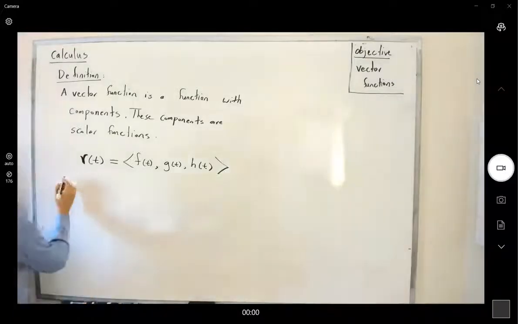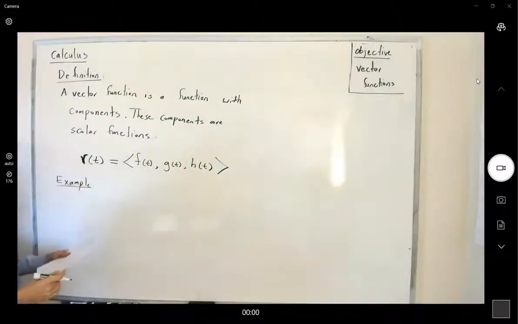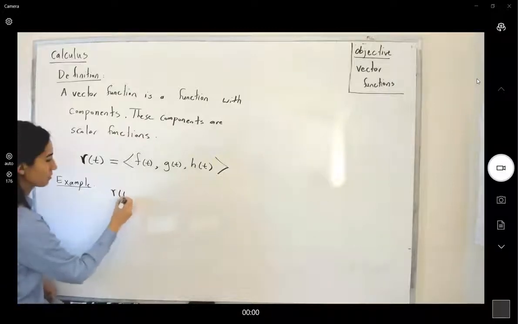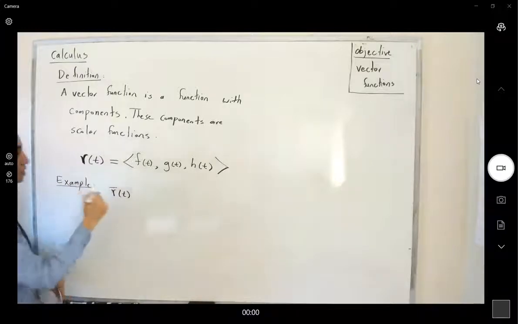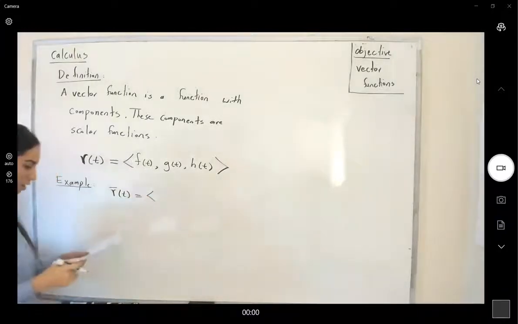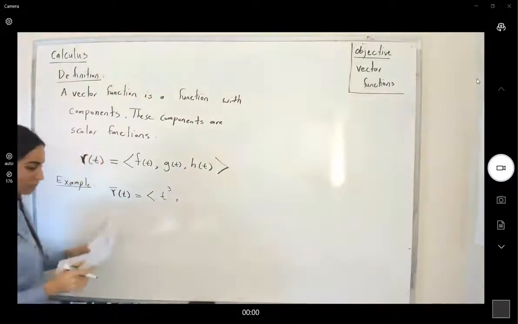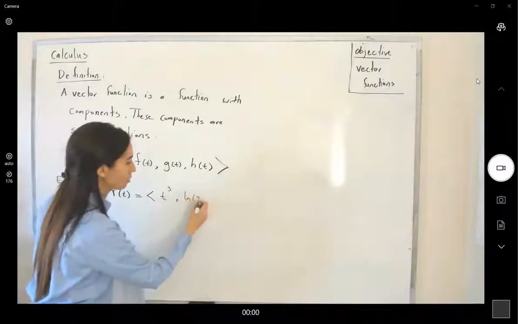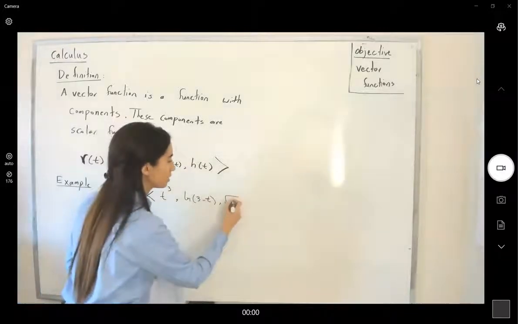For example, our function r of t, or if you want to use a bar, that's absolutely fine, the bolded letter or the letter with a bar on top of it, equals t cubed, comma, ln of 3 minus t, comma, square root of t.